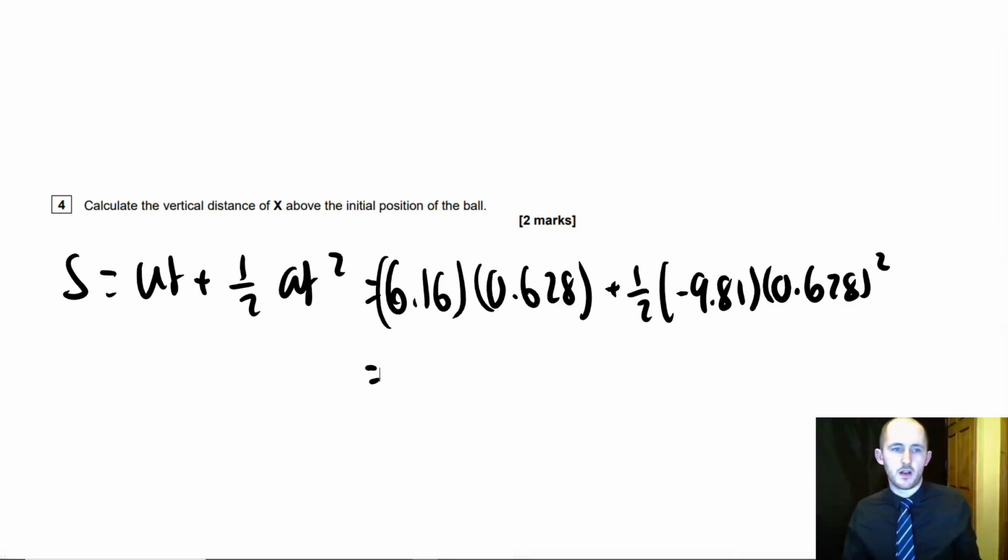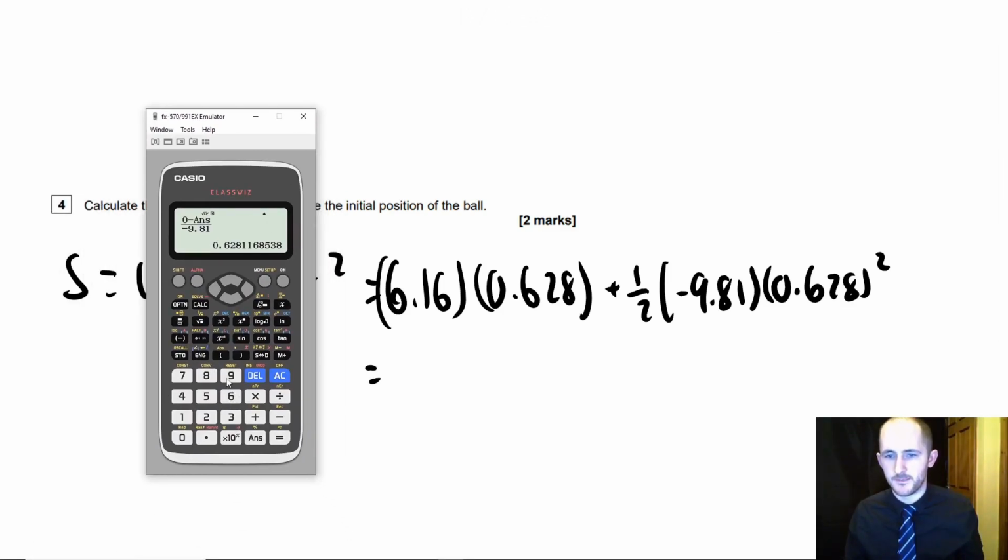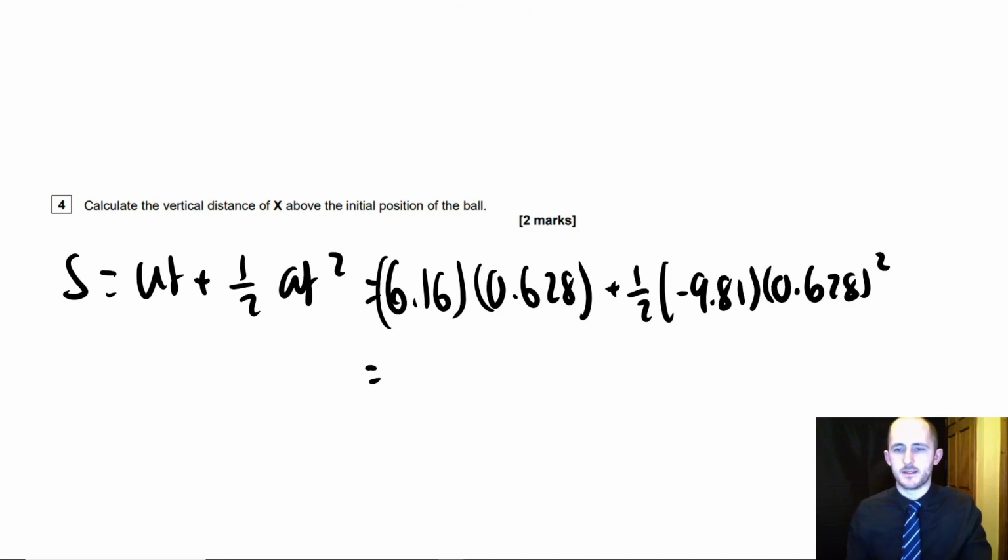And again, I'm going to use the answer button just to save the most accurate answer we have. And that's plus 0.5 minus 9.81 times the answer squared. Yep, that's perfect. And we get 1.93 meters.